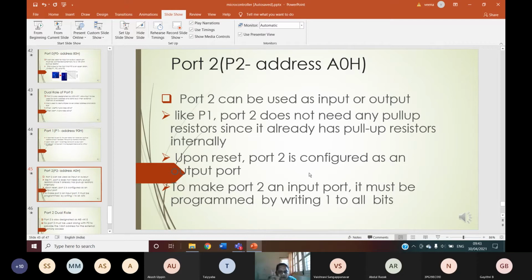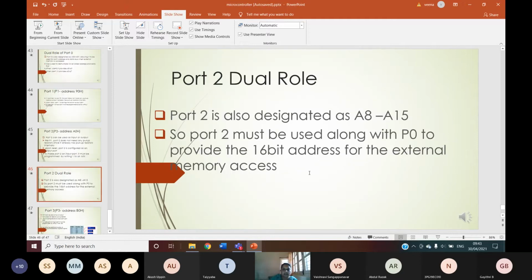So it serves two purposes: as input output lines, and these port 2 lines are also used to send the higher order address A8 to A15 whenever the external memory is accessed. So that is about port 2.